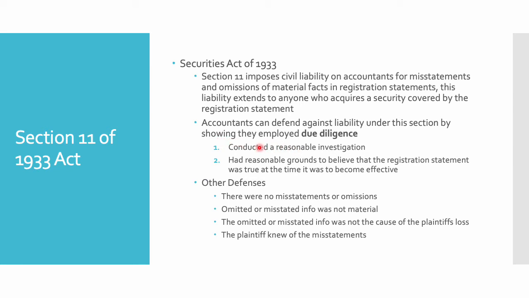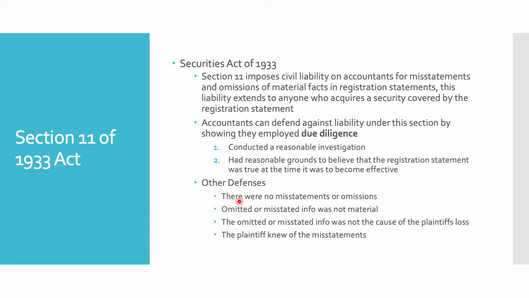They conducted a reasonable investigation, and they had reasonable grounds to believe that the registration statement that they certified was true at the time it became effective. So that is what makes up due diligence. All right.